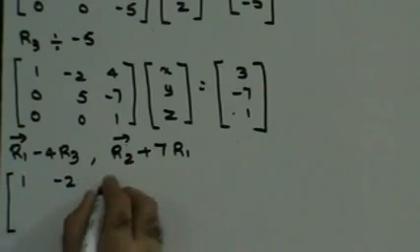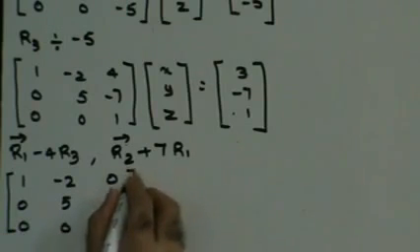Fine? Now this can be written as 1 minus 0, minus 2 minus 0, 4 minus 4, 0. Then 0 minus 0, 5 minus 0, minus 7 plus 7, 0. Then 0, 0, 1.